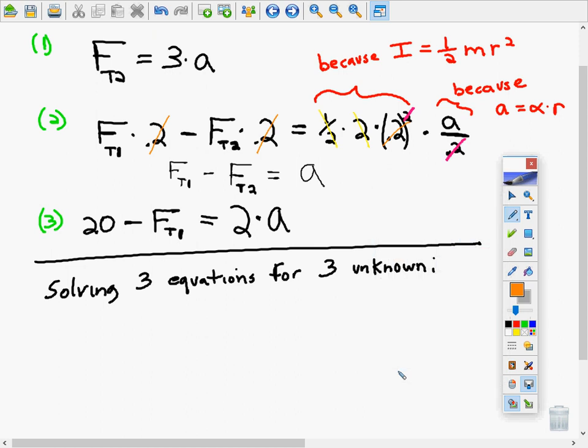Then each term had another 0.2 left, so you could divide out 0.2 from each term. That cancels out this 0.2 and this 0.2 and the remaining 0.2 that was left after we got rid of the square from before.